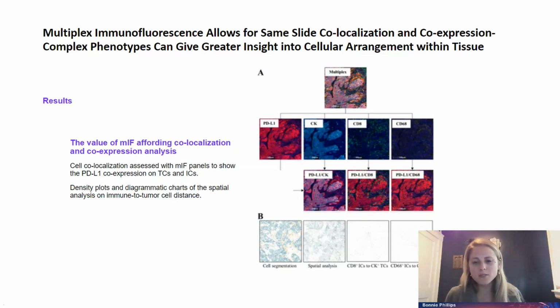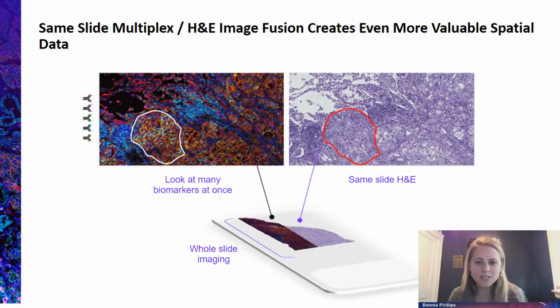So next, we're able to get even more information on a tissue section, in doing so by incorporating the same slide multiplex immunofluorescence with an H&E. And with this, we can have the multiplex immunofluorescence technology with up to 12 biomarkers that can be combined with the whole slide imaging that allows for clear cellular resolution.